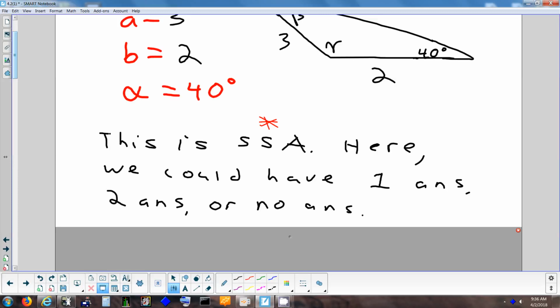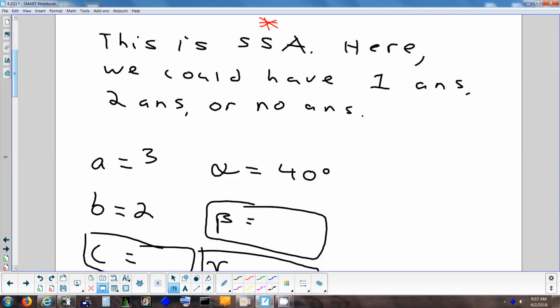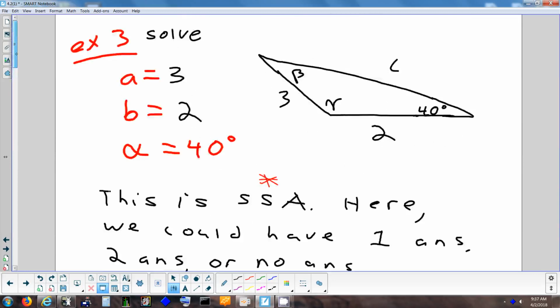And again, this stuff only comes up with side-side angle. So put an asterisk next to side-side angle or underline it, or just remember this is the one that's a little tricky. Okay, so let's solve them. So I took the same information you had up above. I just put it in the table like we've been doing.